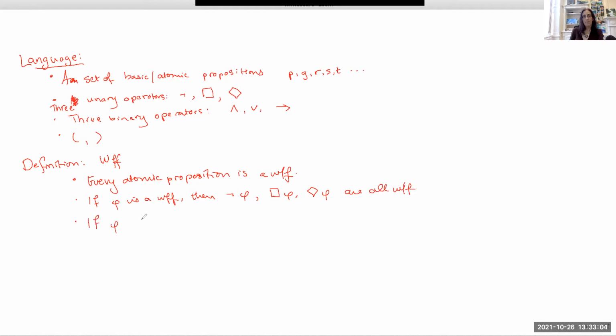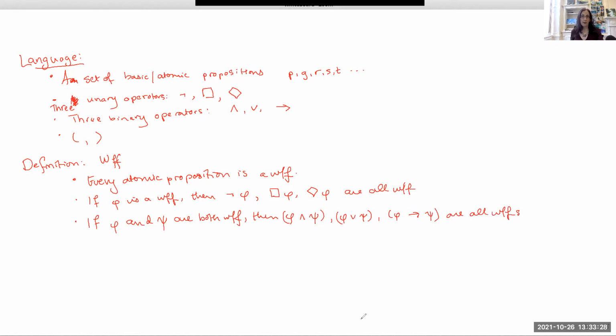And then if phi and psi are both well-formed formulas, then the conjunction of the two, the disjunction of the two, and the implication from one to the other are all also well-formed formulas.